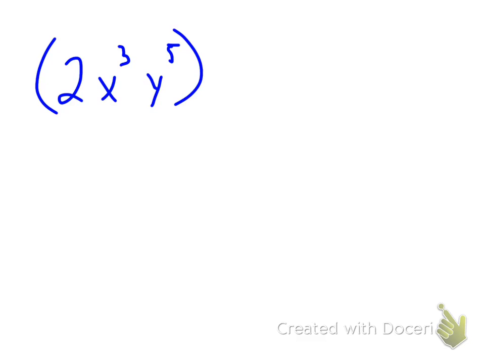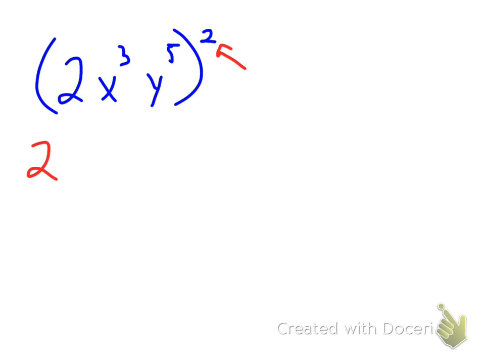The last example, 2x to the third, y to the fifth, all squared. This squaring of everything inside the parentheses means I have 2 sets of this.